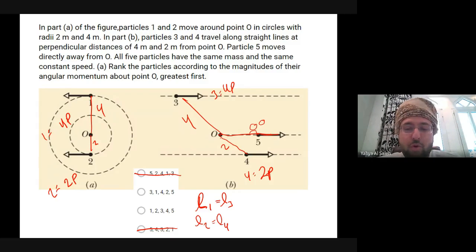The greatest is 4p, so we start with 3, 1, since they're both 4p, 4, 2, they're both 2p, and then 5, which is 0.